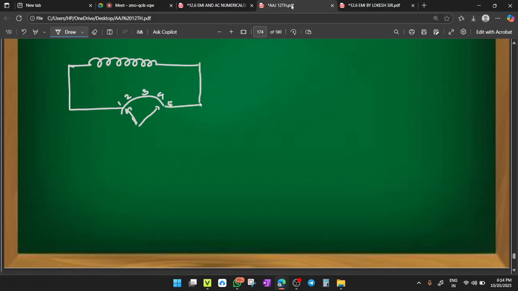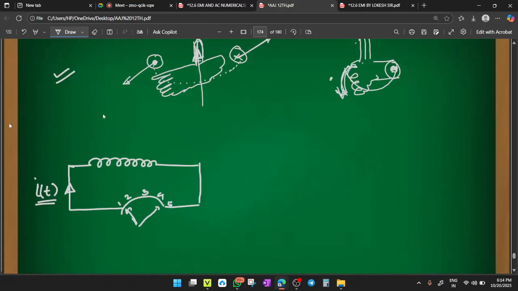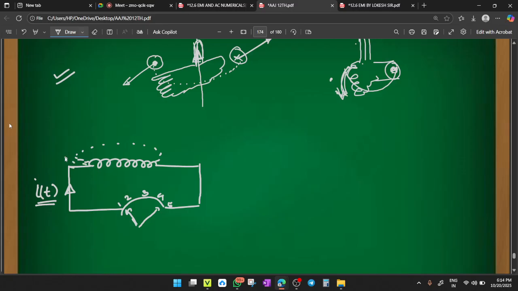So the changing voltage will give a changing current, and changing current will raise a changing flux that will be continuously increasing as the current is increasing. Okay, as the current is growing, to identify it you can use a galvanometer.